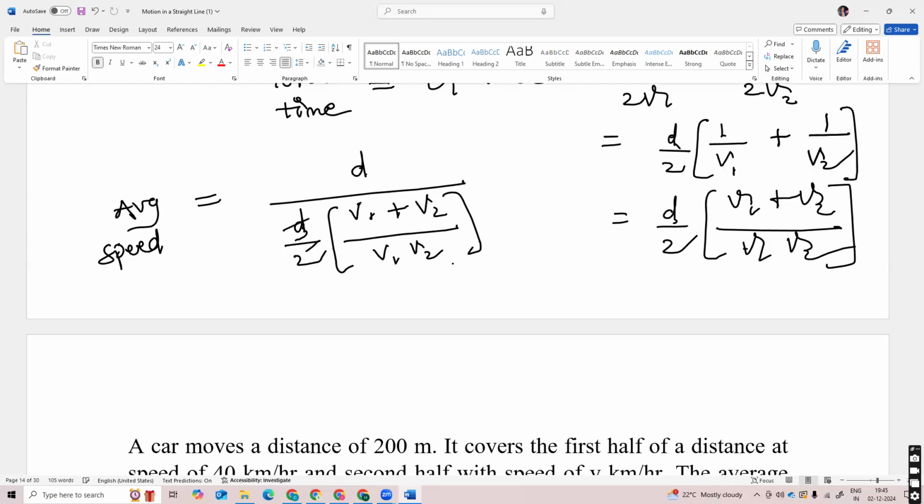The d and d get cancelled, and 2 times v1 v2 goes into the numerator. So you can write average speed as 2 times v1 v2 divided by v1 plus v2.